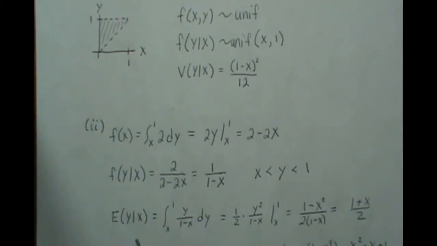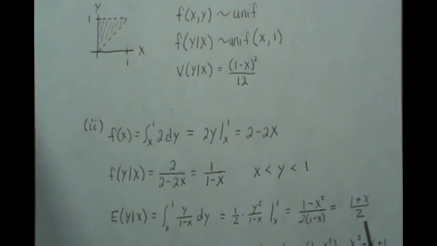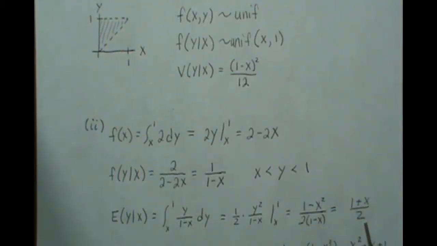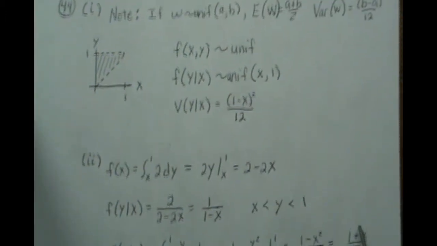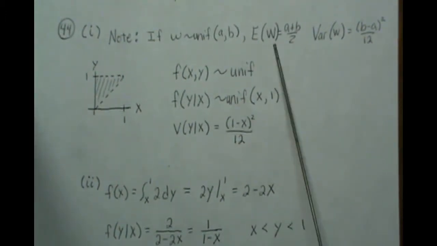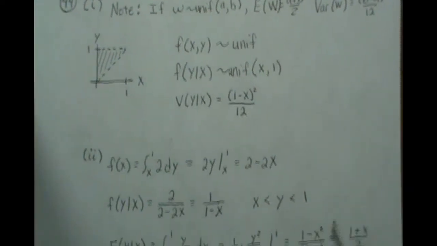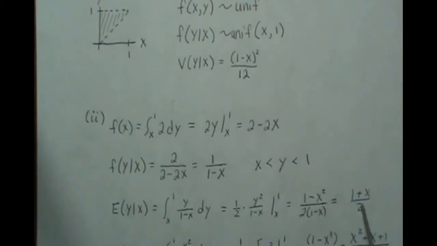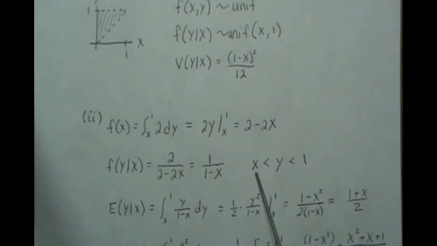The expected value of Y: you put in a y with the density and integrate over y. This is a constant that comes out. With the limits of integration, we get this. And notice that agrees with what we had up here. The mean is (1 plus x) over 2.